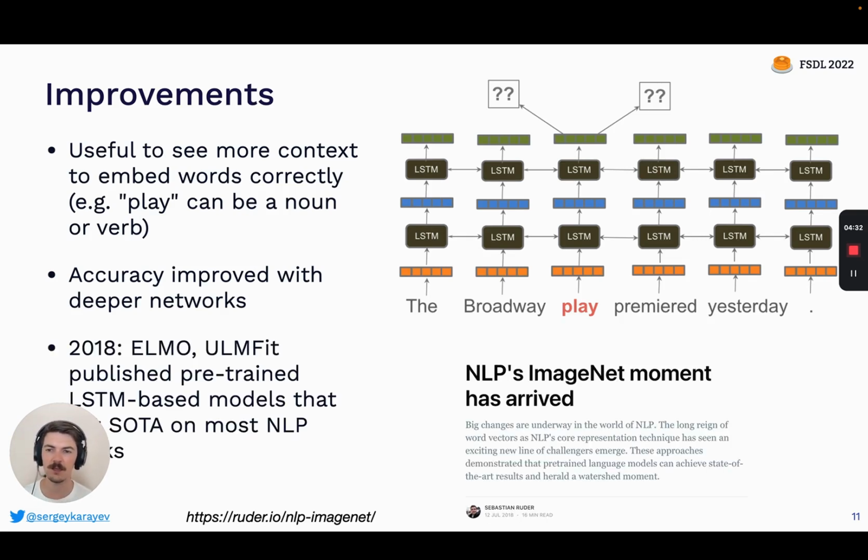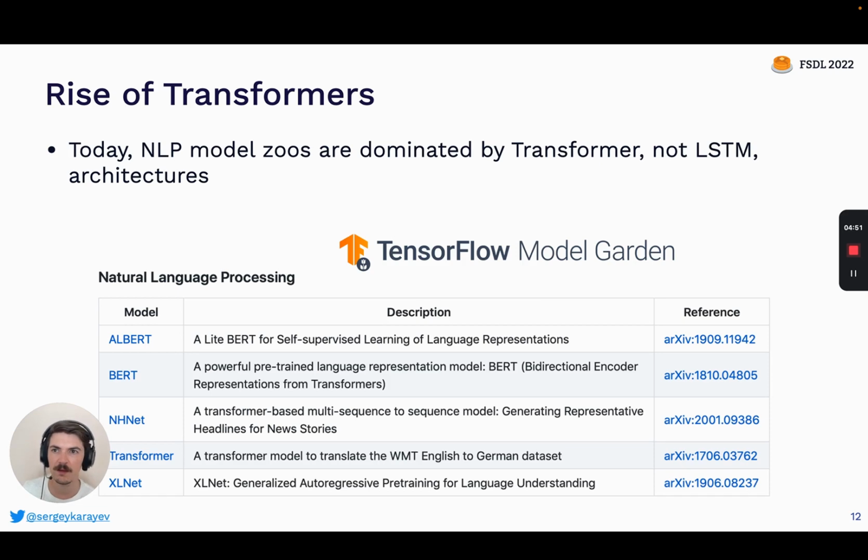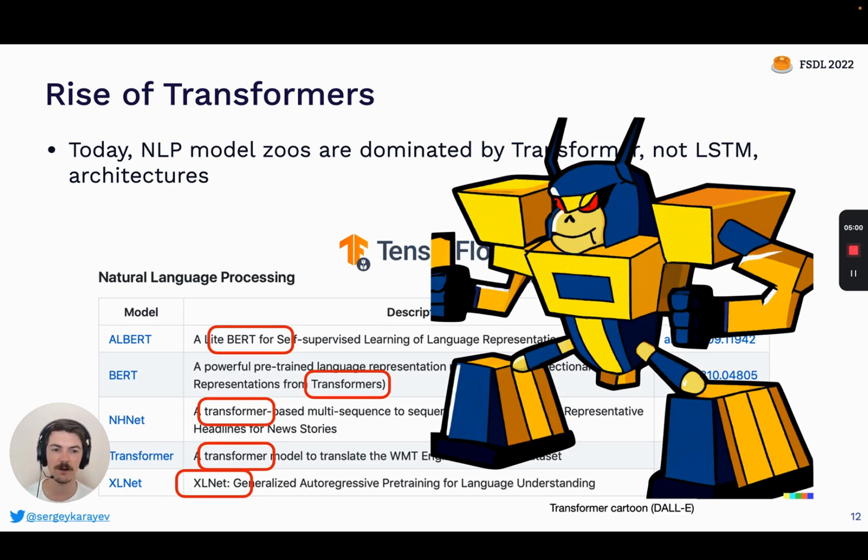So in 2018, a number of models published LSTM-based results that set state of the art, and also published the weights so that people could start with the pre-trained model, let's say pre-trained on all of Wikipedia, and then apply it to some kind of small natural language corpus. But if you look at the models used today, you won't see any LSTMs. You'll only see transformers everywhere. What are they?